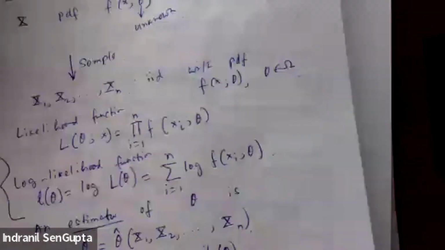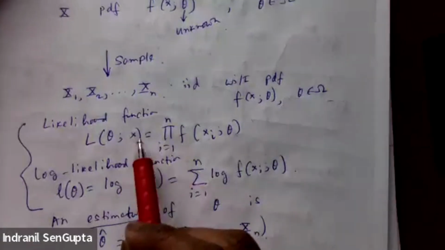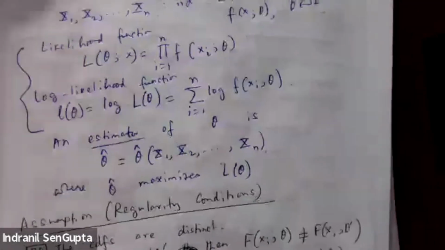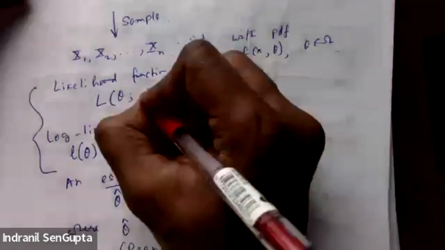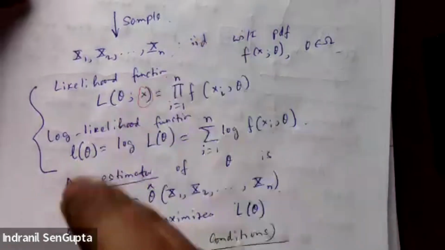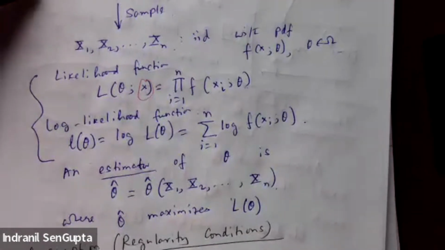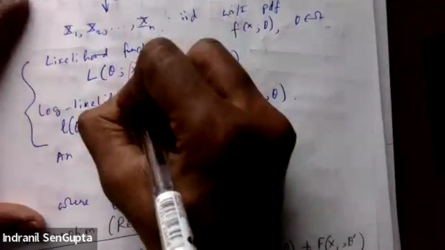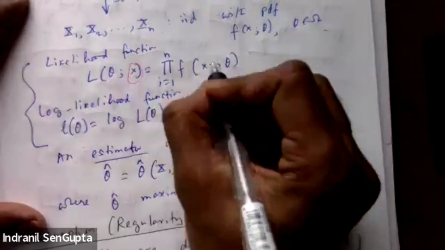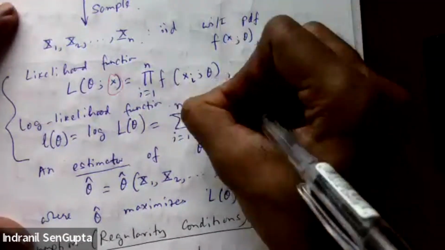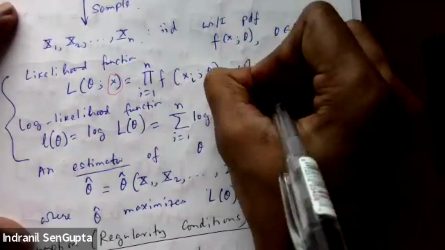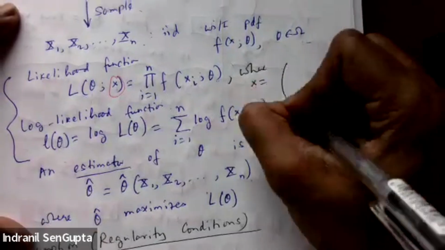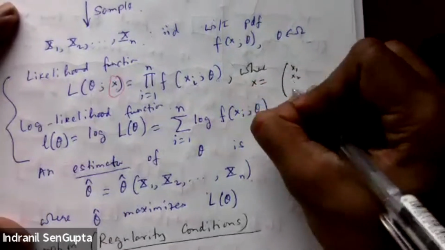Basically the same x as I have here. This x is the random variable, and it's actually a vector because it depends on all the xi's. So this x is really x1, x2, ..., xn.